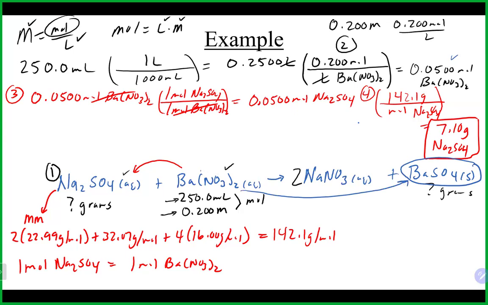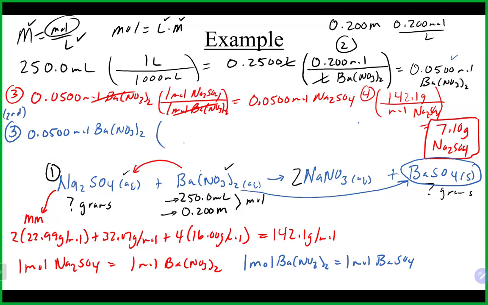We see it's the same relationship, which is kind of nice. 1 mole of barium nitrate will give you 1 mole of barium sulfate in this case. So step number 3 for the second question, we're going to take our moles of barium nitrate.